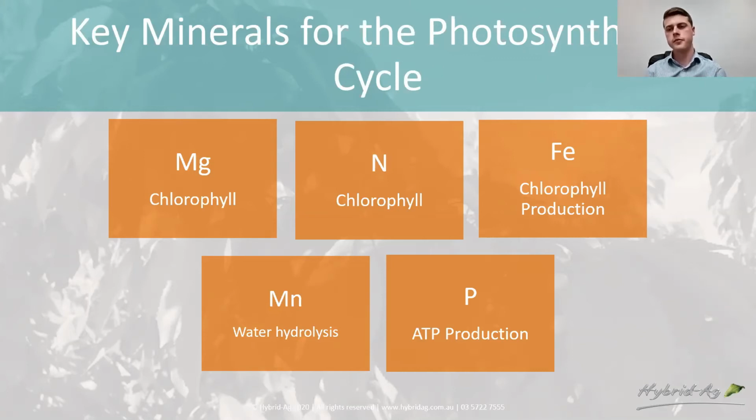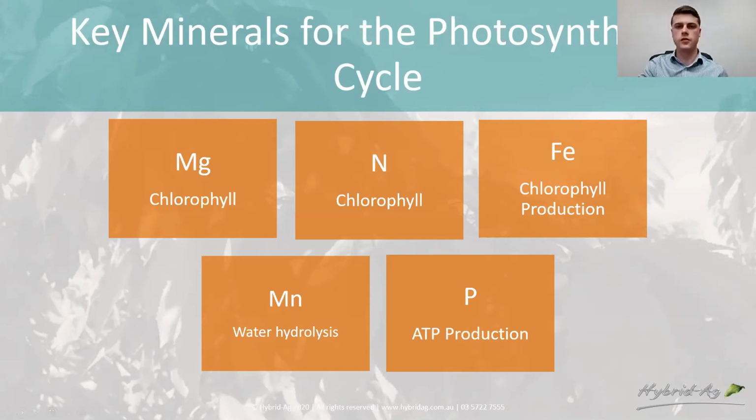If that manganese isn't there, that first stage of photosynthesis doesn't happen, and it doesn't matter really how much of other inputs you might put on. If the plant can't photosynthesize or can't utilize its water correctly, all you do is increase the stress on the tree and compromise the quality of the fruit effectively.